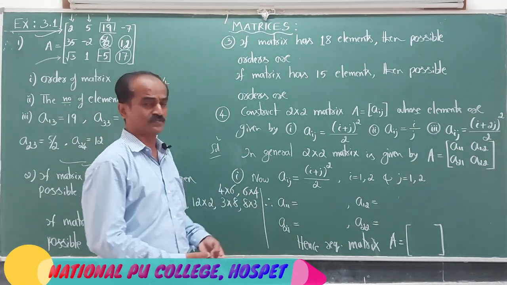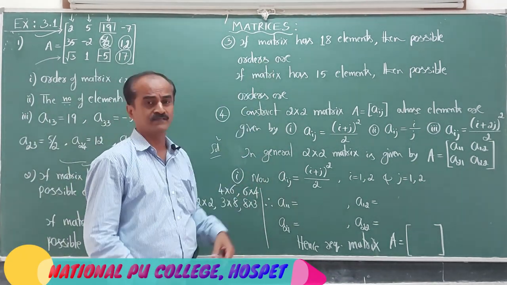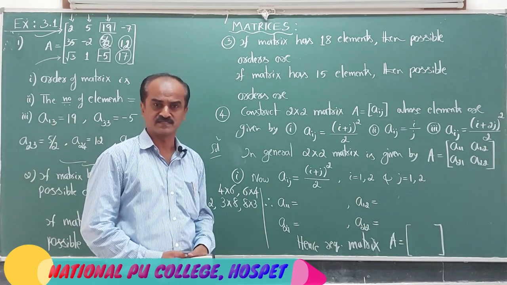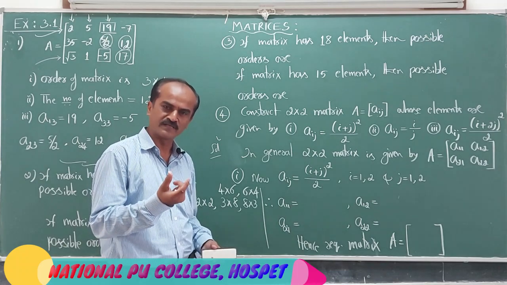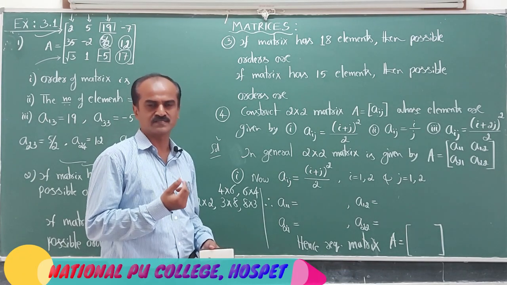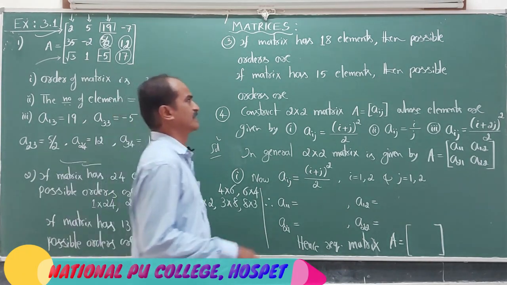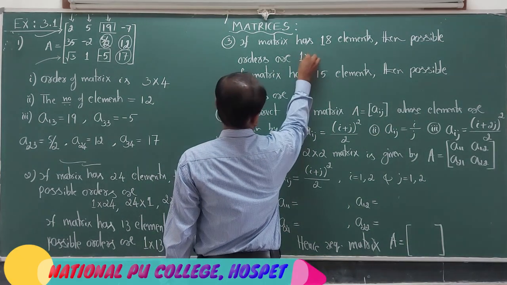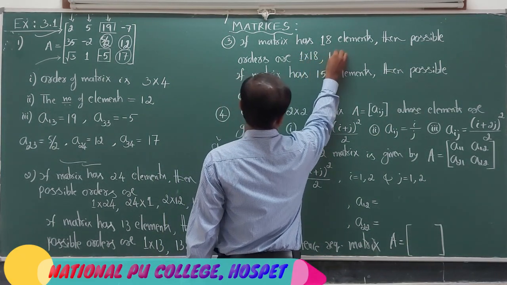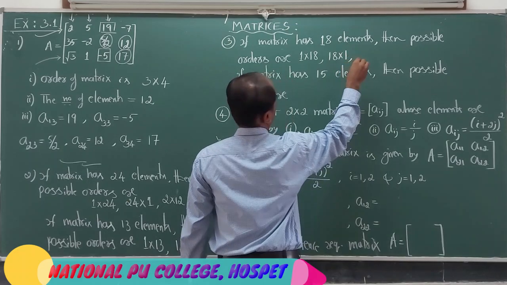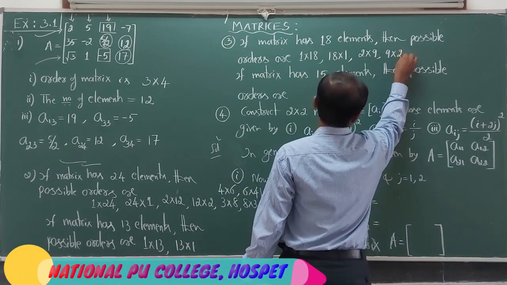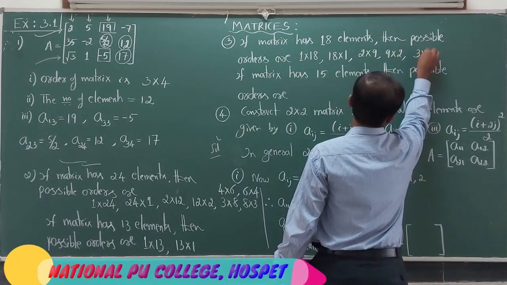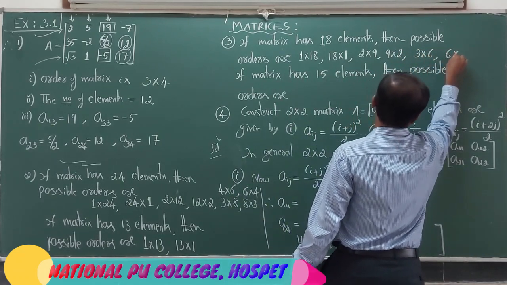In the next question, again they are given a matrix containing 18 elements, then what are the possible orders? So, think of two natural numbers whose product gives us 18. The possible factors I have to write. So, very easy: 1 by 18, 18 by 1, 2 by 9, 9 by 2, 3 by 6, 6 by 3.